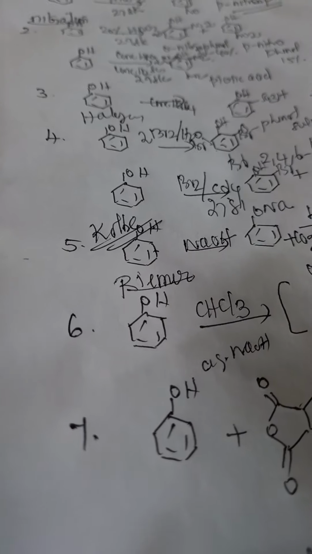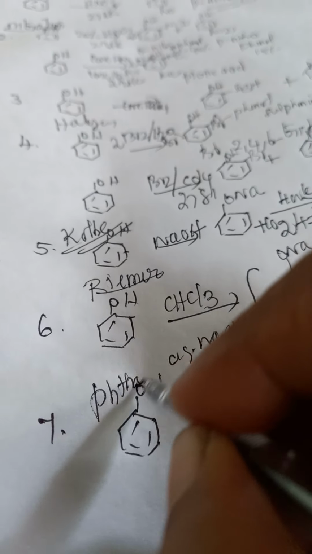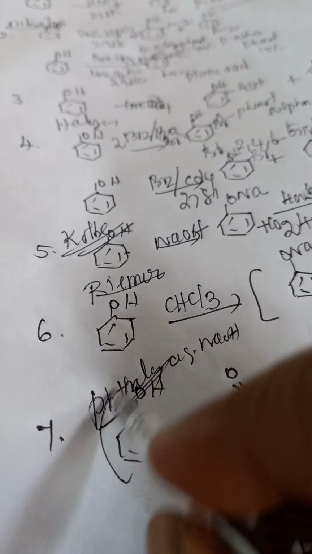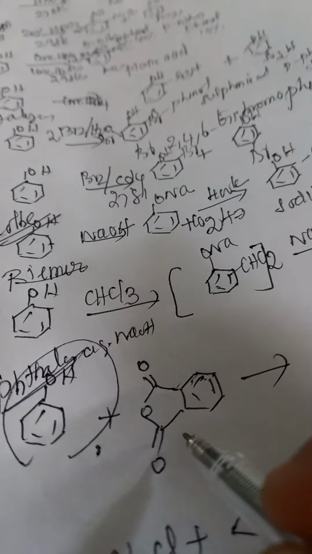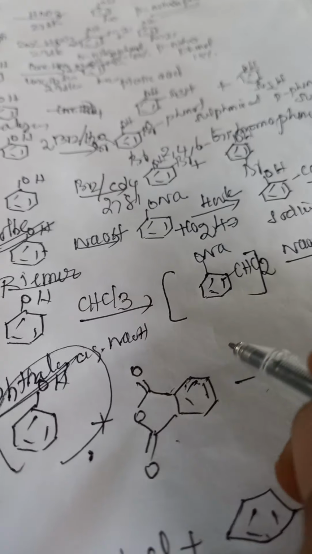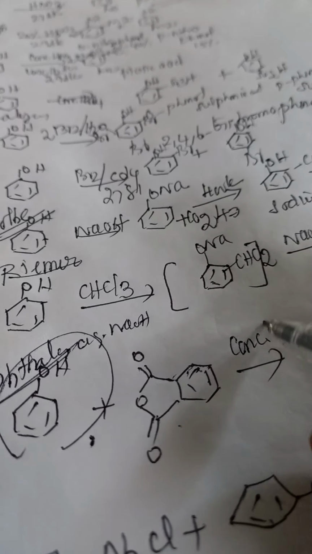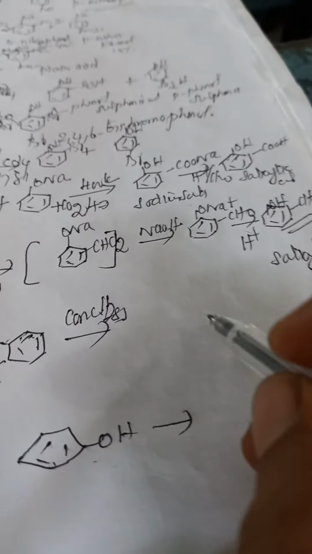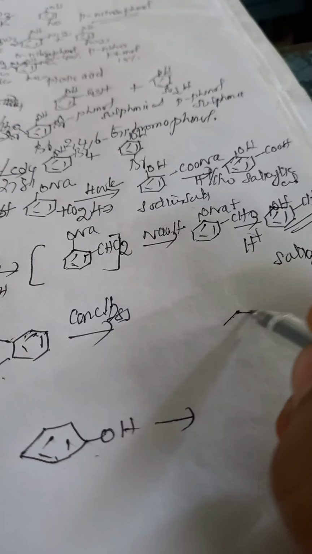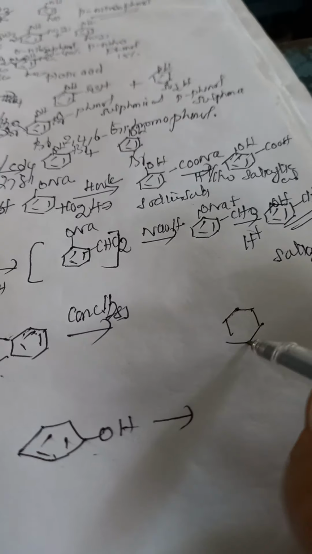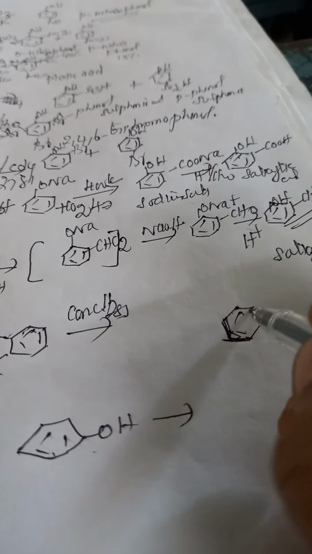Next reaction, the phthalein fusion reaction. Phenol plus phthalic anhydride, in the presence of concentrated sulfuric acid, gives an indicator called phenolphthalein.